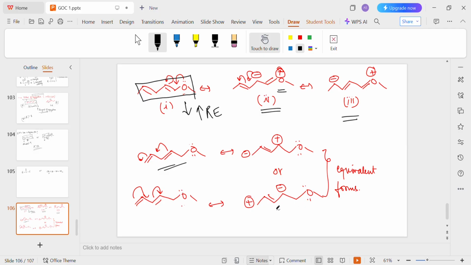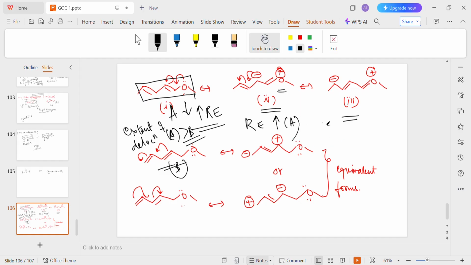So both these contributors are equivalent forms, but still the resonance energy of the first structure is higher because the extent of delocalization is more in structure A. This was structure A, then in structure B. That's why resonance energy is higher. Resonance energy higher in A structure and B structure has lower resonance energy.